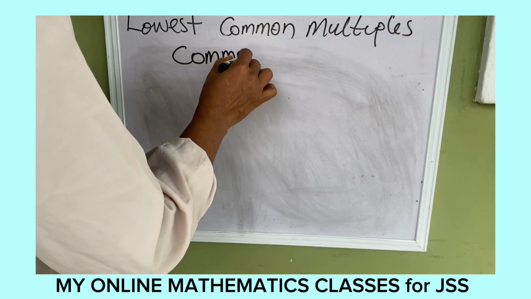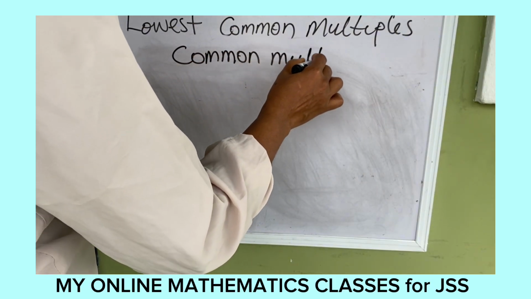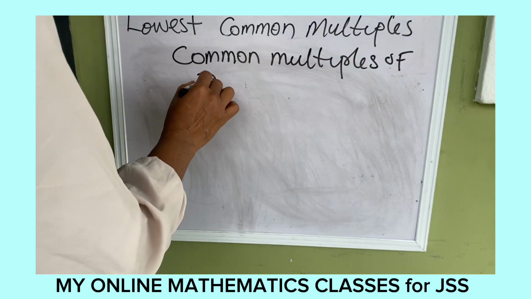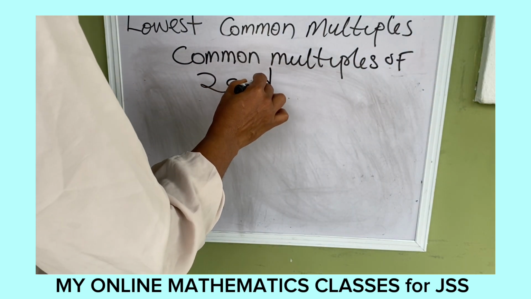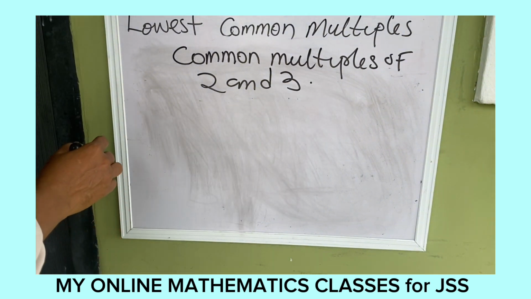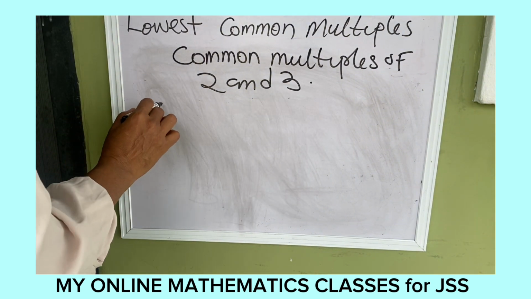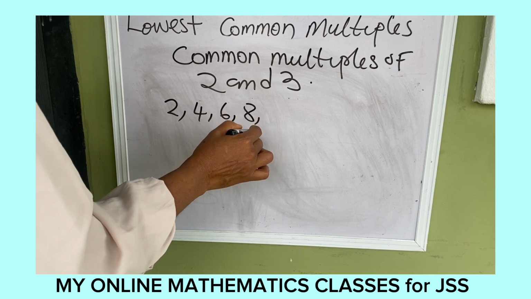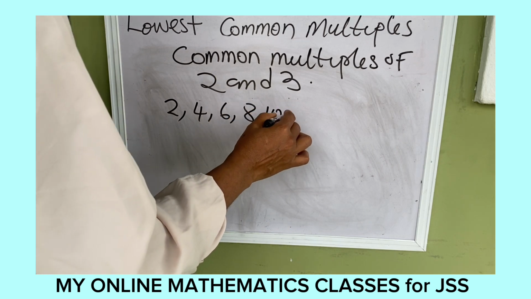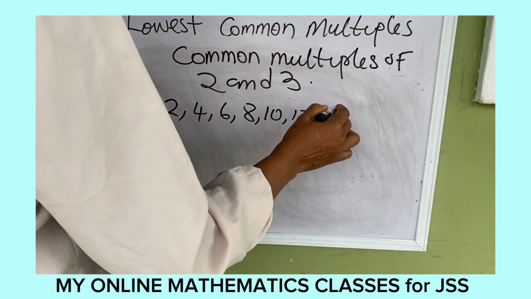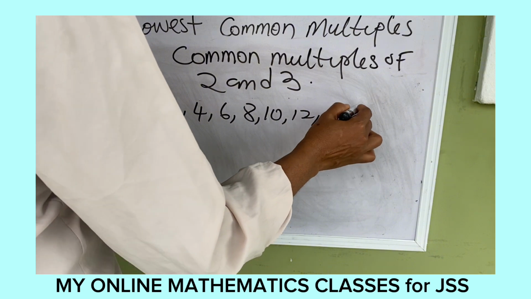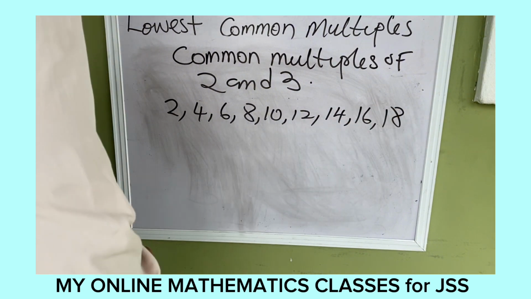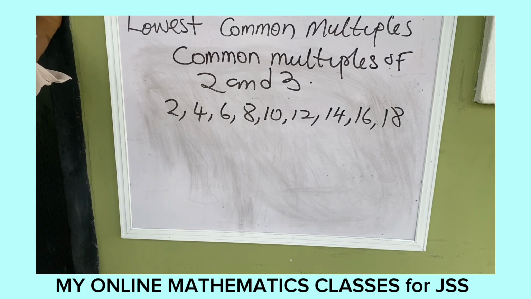So the word common, when you say common, we are talking about something that you can see everywhere. That's what common means. So when we now say common multiples of 2 and 3, we are saying the multiples that 2 has and 3 also has. Like for instance, if we write out the multiples of 2, we have 2, 4, 6, 8, 10, 12, 14, 16, 18. These are multiples of 2.